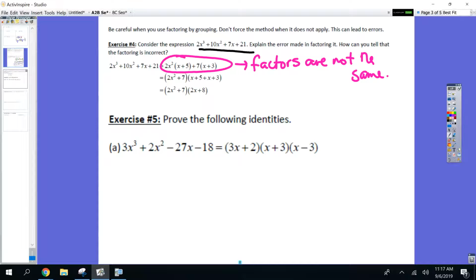Number 5. Prove to me the following identity. When you see these directions, because it's going to become more common in this unit, prove the following identities.